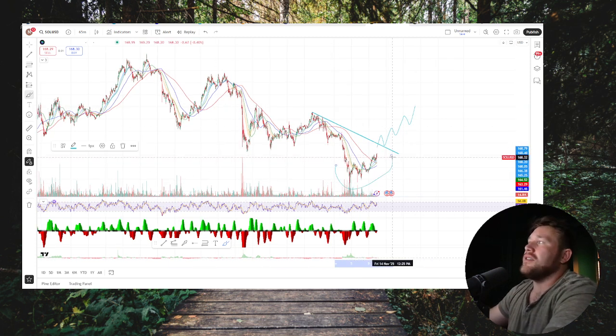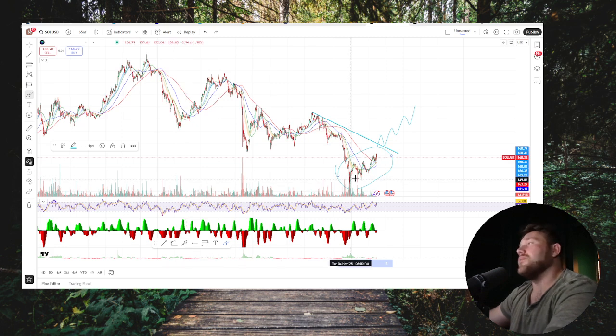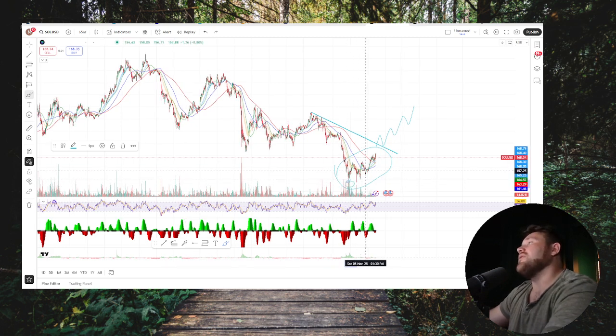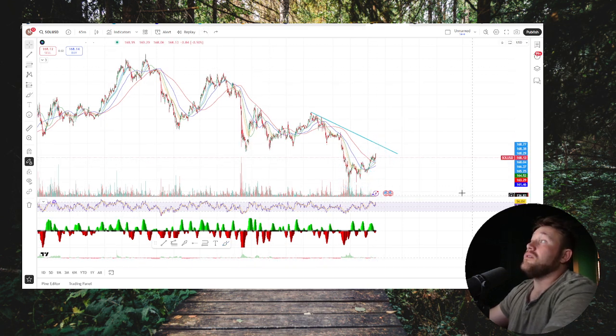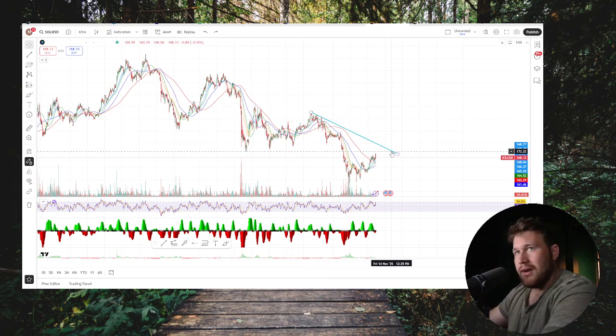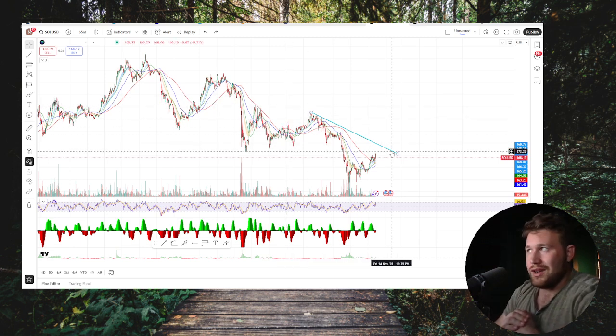Already in this turn, you're starting to see the beginning of that flip, right? We're starting to see higher lows and slightly higher highs start to form. Then we could use this trend line to say, okay, there's been a flip in structure.